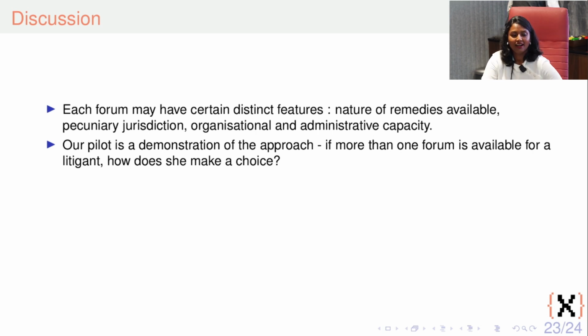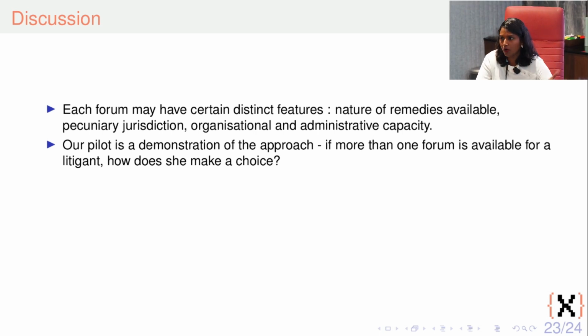Okay. So while we have compared these three courts, we also are aware and acknowledge that each forum has certain distinct attributes and features. For instance, the nature of remedies available: NCLT is in the form of a collective resolution process, the Bombay High Court is in the form of a civil suit, so the proceedings may vary a little bit.